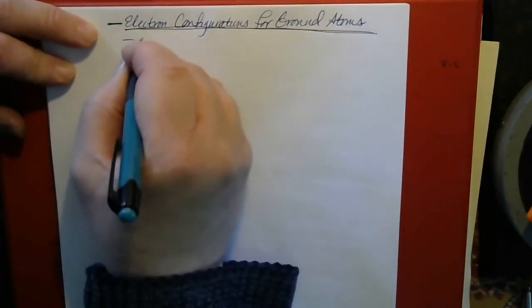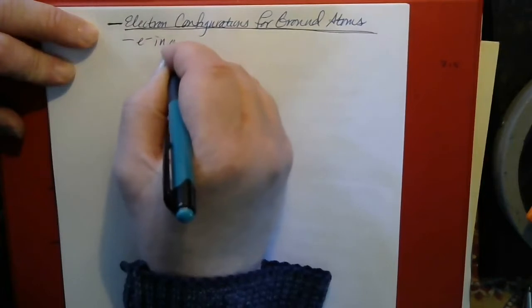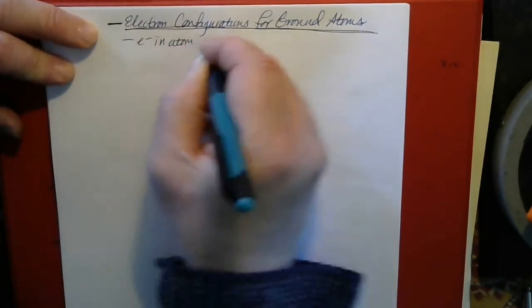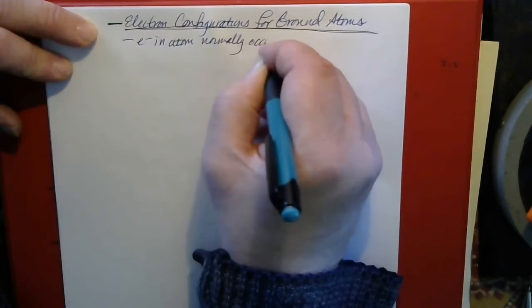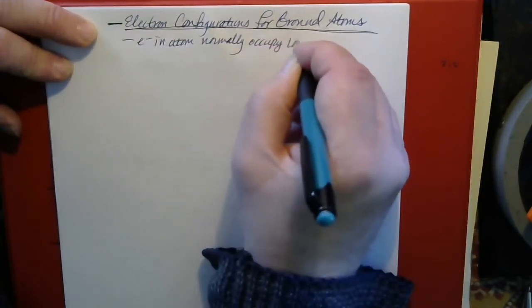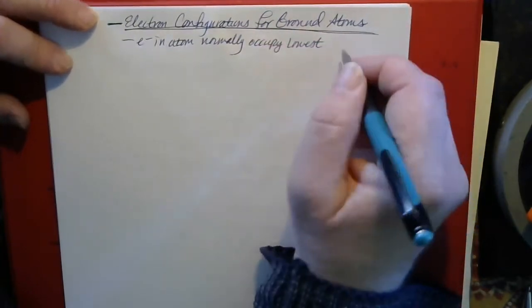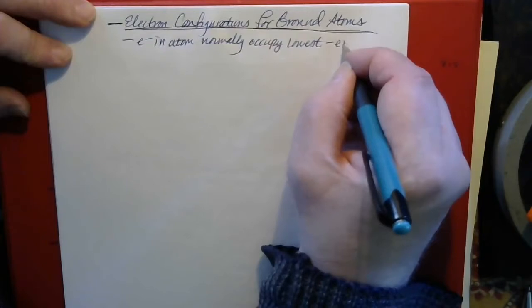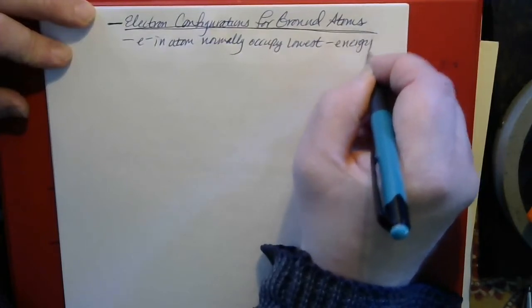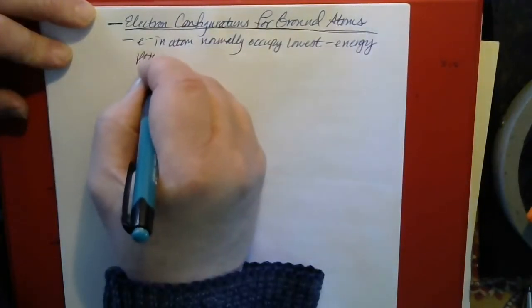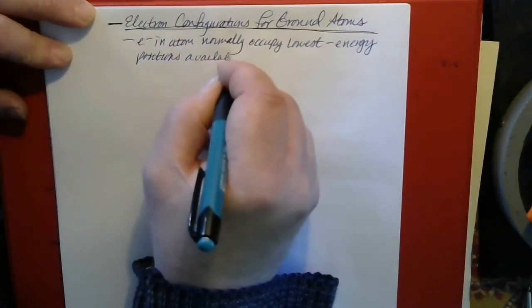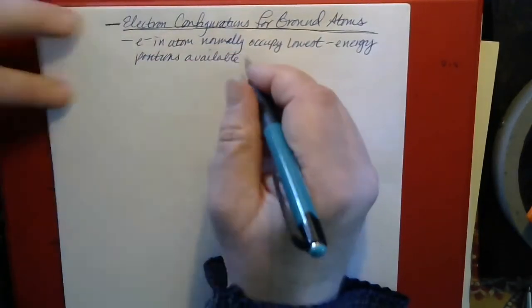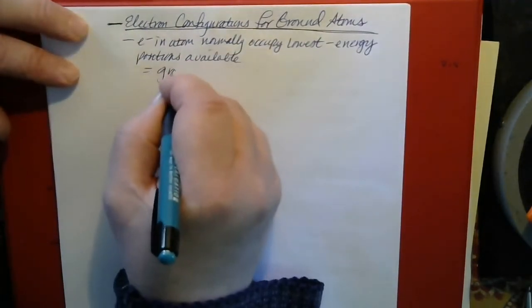The electrons in an atom, we've already established this, normally occupy the lowest energy position available. And this is the ground state.